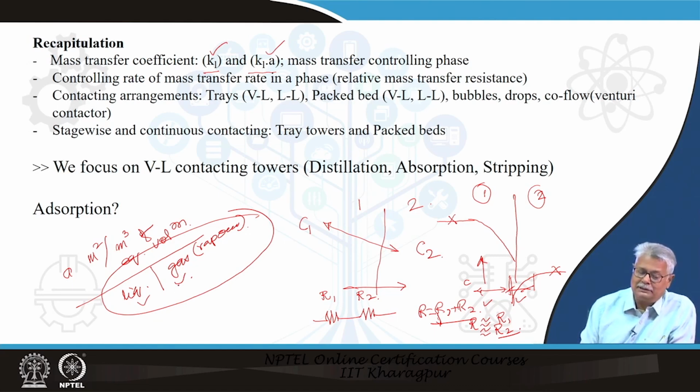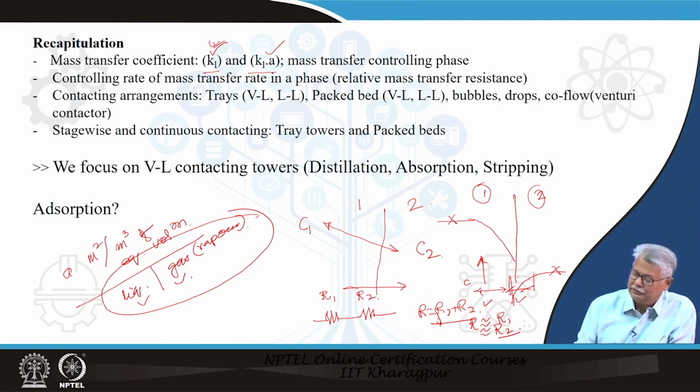And we know one thing: the more intimate contact we can make, the lower will be the resistance, because with turbulence the boundary layer thins out. So naturally it offers less resistance, and quite naturally you have better mass transfer, which is basically K_L.